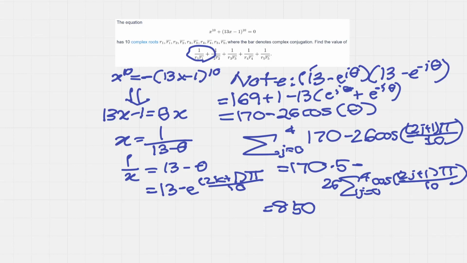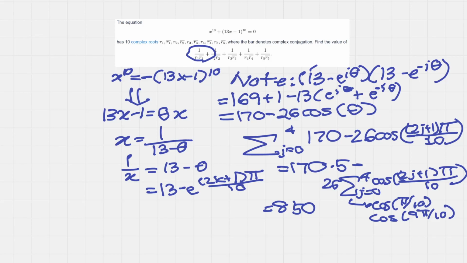But now let's take a look at the summation. Consider what happens when you plug in j equals 0 and j equals 4 in here. You get cosine pi over 10 for j equals 0 and cosine of 9 pi over 10 for j equals 4. Now, we quickly realize that cosine pi over 10 and cosine 9 pi over 10 are the opposite of each other.